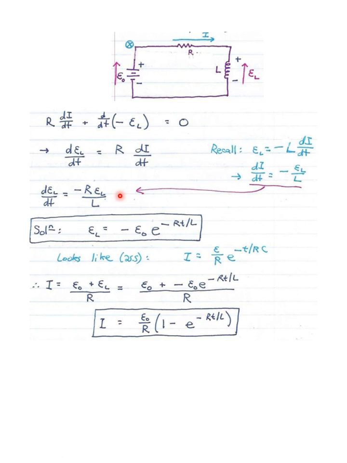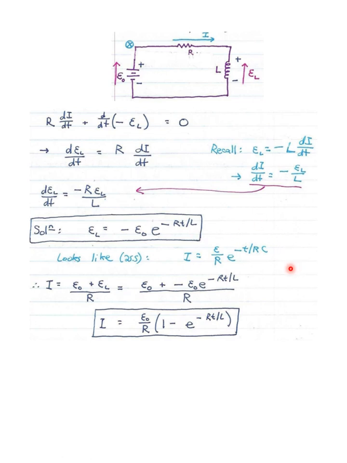So we've got this equation that relates, there's this proportionality between the time derivative of the variable and the variable itself. The solution of this equation is that the EMF of the inductor, E sub L, is equal to negative E naught, so that's from the battery, times e, and now this e, sorry for all the different E's, is the base of the natural logarithm, about 2.718, to the negative Rt over L. And this looks a whole lot like for an RC circuit.